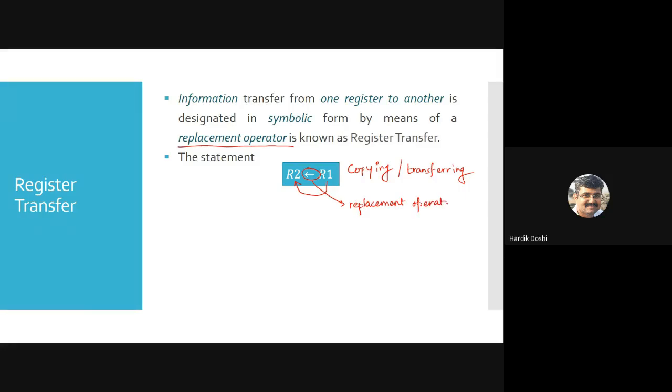Is it fine? So this arrow is a replacement operator. Don't get confused, it is not a complex term. It's a very simple term. The arrow is the replacement operator, which denotes a transfer of the content of register R1 into register R2.